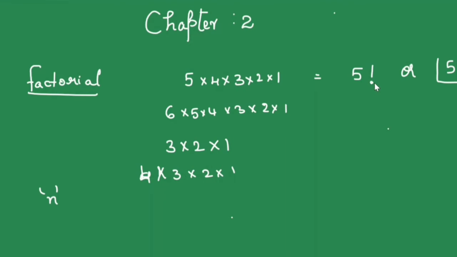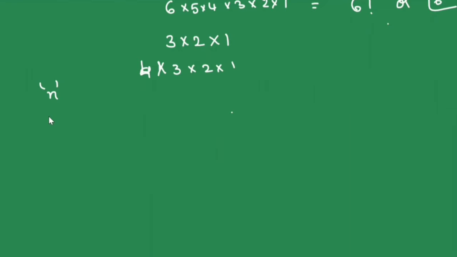In maths, it is not an exclamation mark, it is called factorial. So 6 factorial is 6 with the sign. In general, n factorial, you can write it as n with the exclamation mark.